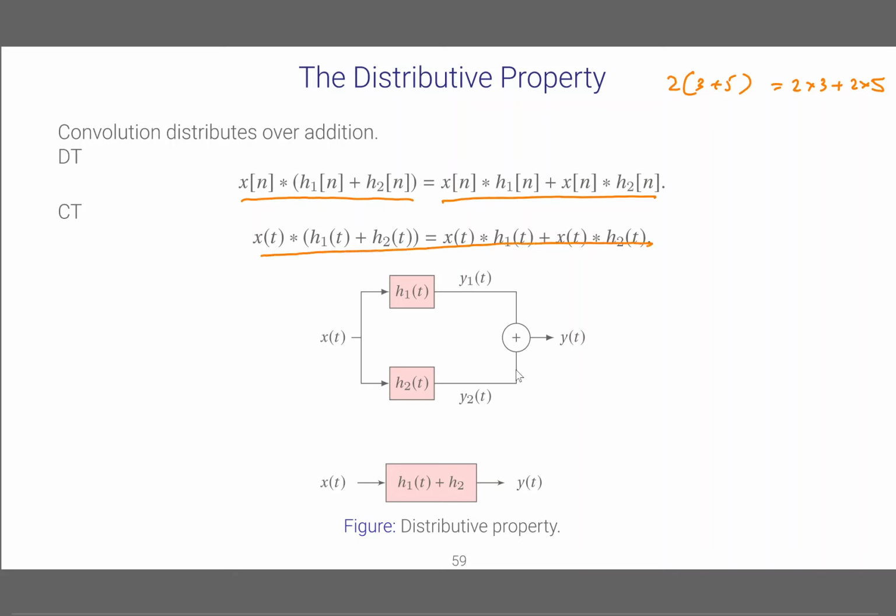So pictorially, in block diagrams, we can represent x(t) here, and that is fed to h1(t) and h2(t), and this produces y1(t) and this produces y2(t), and those are summed up to find y(t). So we can actually write x(t) gives y(t), and this system is h1(t) plus h2(t).